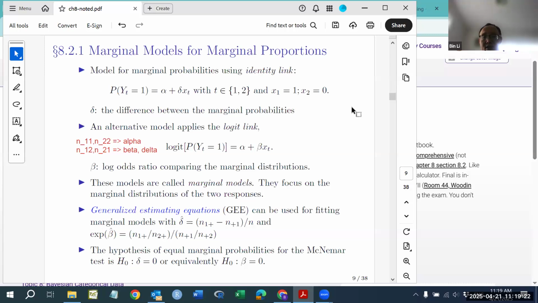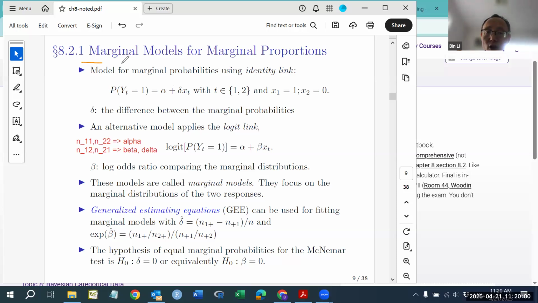Okay, section 8.2, the second section, is doing the same thing but through a different approach. Instead of doing the simple test, like the McNemar test or generalized McNemar test, we do the same inference through a modeling approach. Here we can do 2 types of modeling approach.